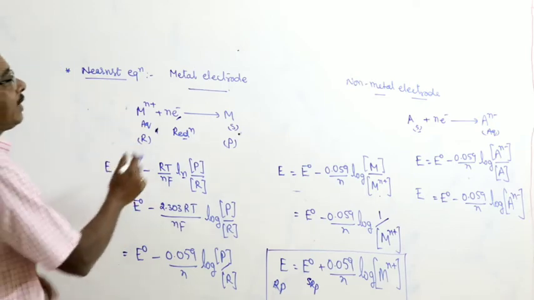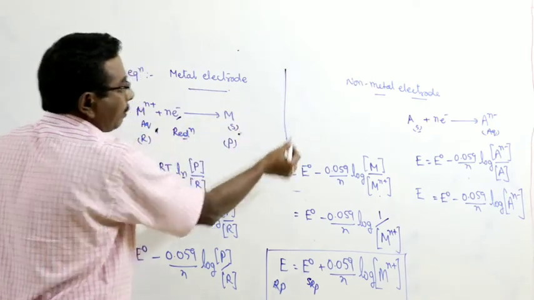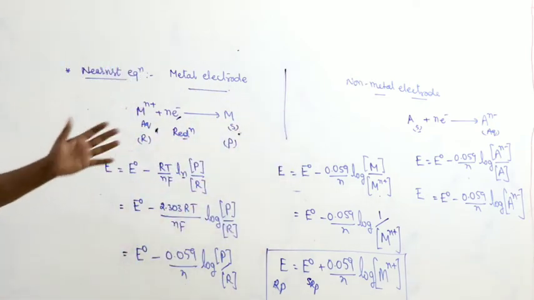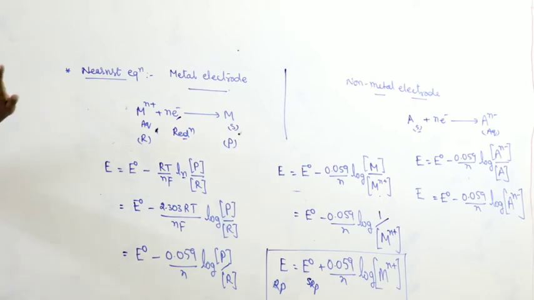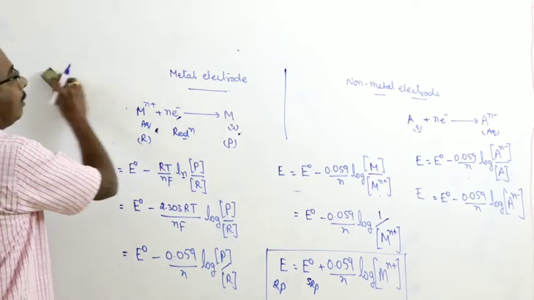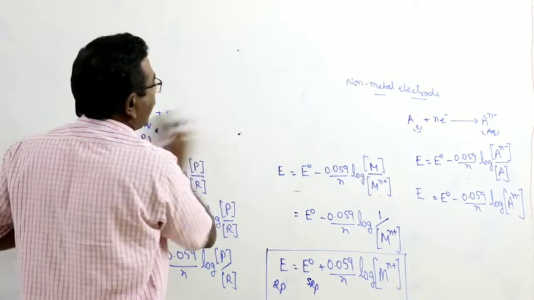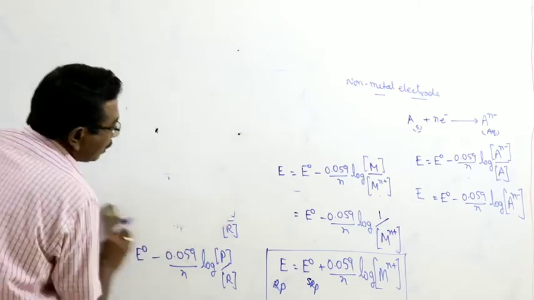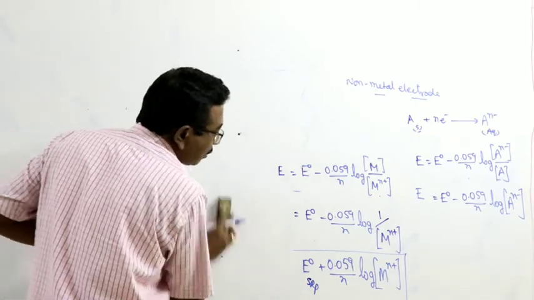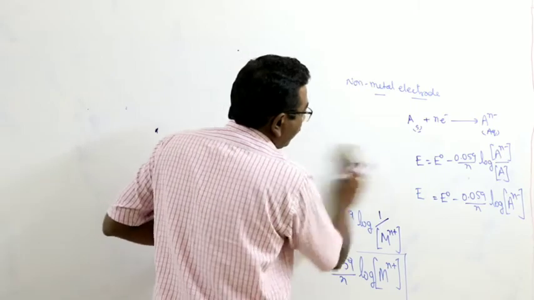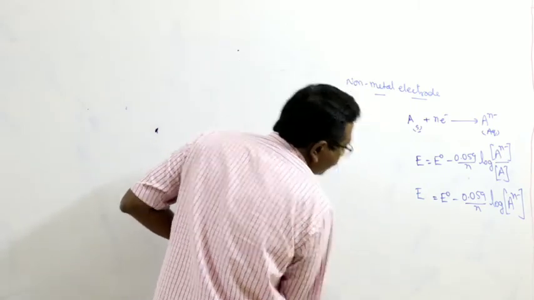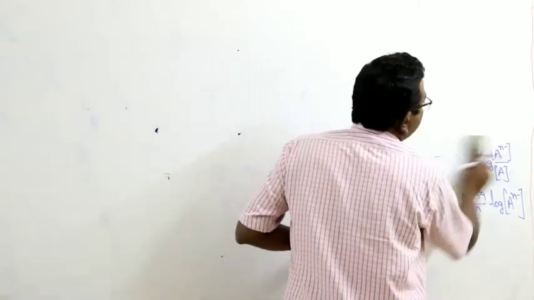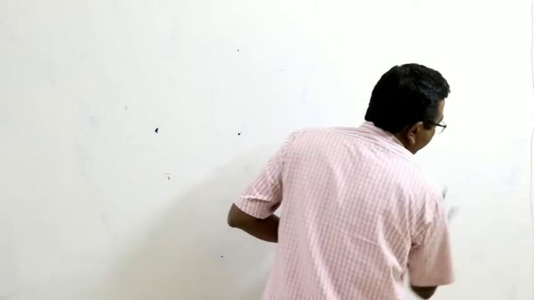This equation is applicable for both metal electrodes and non-metal electrodes. In the same way, by using this equation, we calculate the electrode potentials of all the metals in the d-block elements.